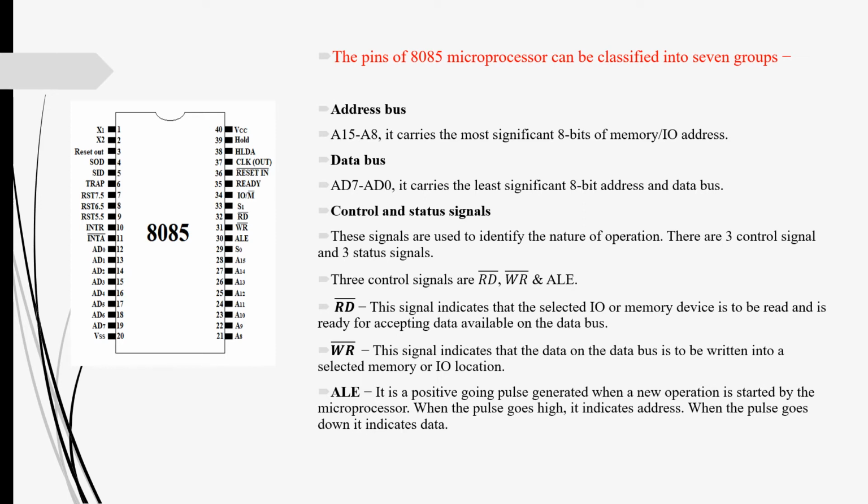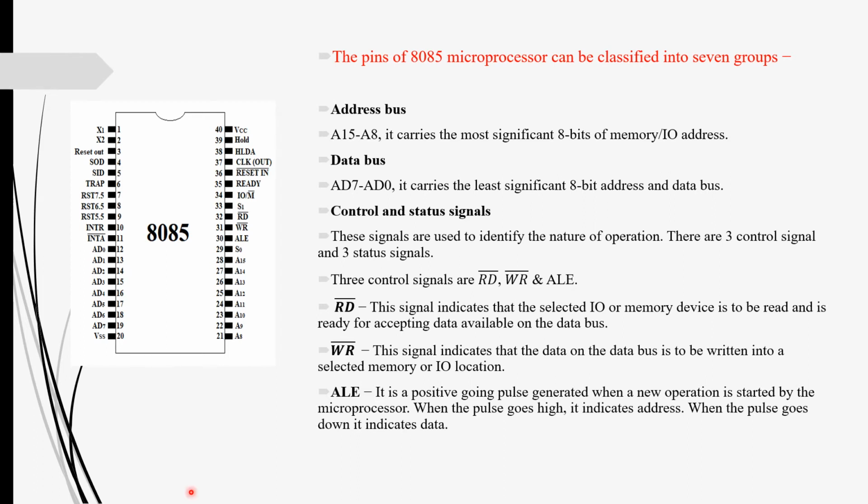A8 to A15 carry the most significant 8 bits of the memory/input-output address. Then you can see the data bus. AD0 to AD7 carry the least significant 8-bit address and data bus.